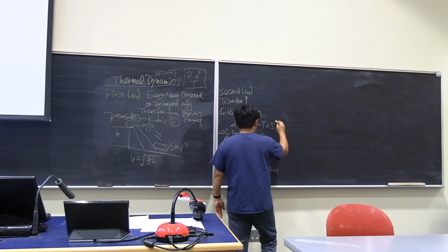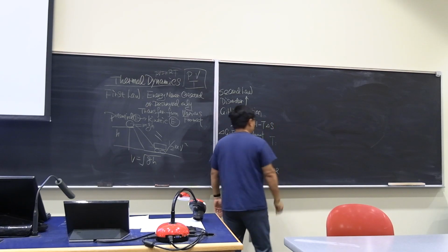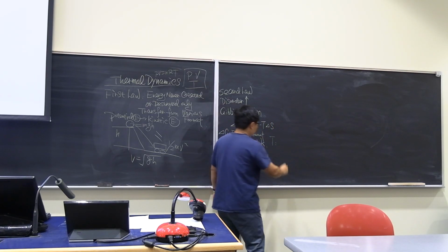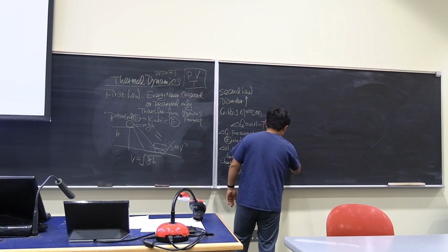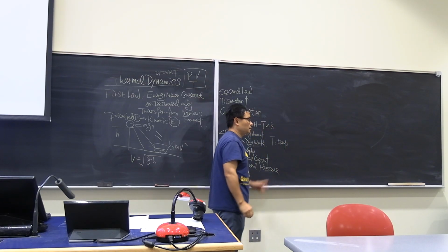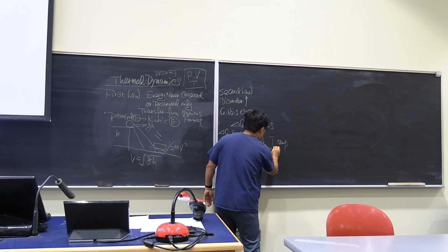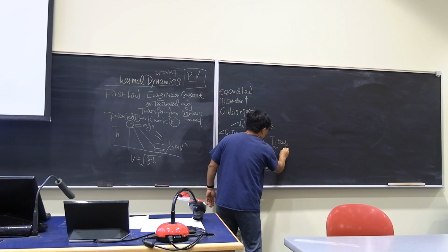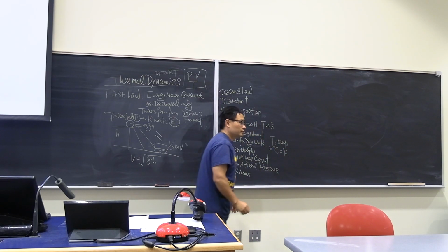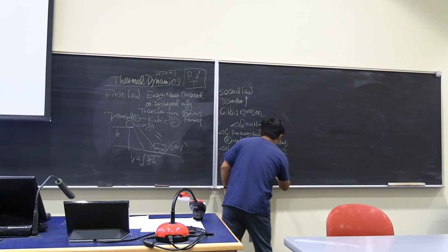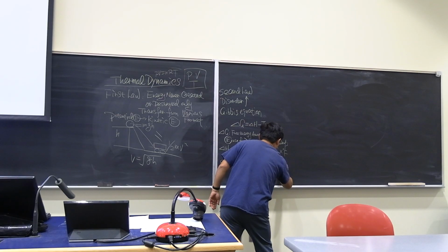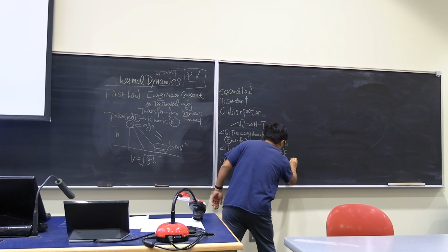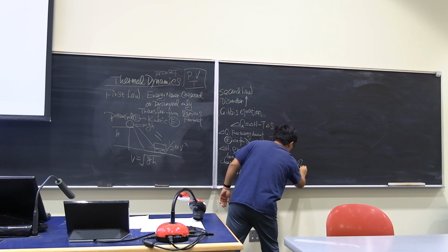Okay, what is T? This is temperature. Everybody knows. But be careful, the T here is not degrees Celsius and not degrees Fahrenheit. The international unit of temperature is Kelvin, which equals degrees Celsius plus 273.